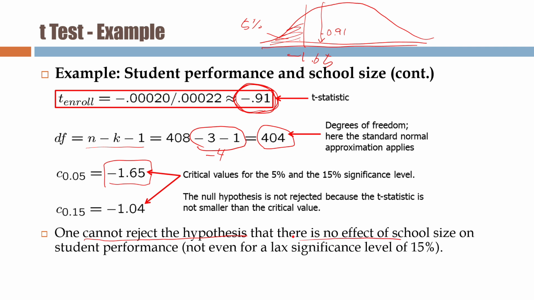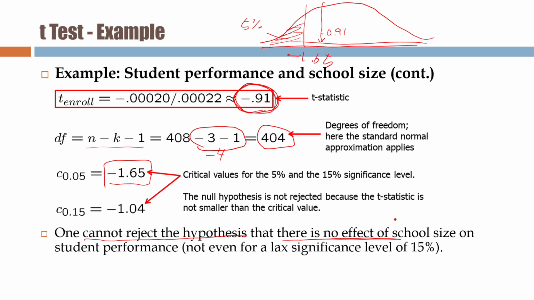So the null hypothesis means there is no effect, but we cannot reject the statement that there is no effect. That does not prove there is no effect, right? But we cannot say the null hypothesis that there is no effect is false either. Maybe it's false, maybe it's true, but I cannot tell.